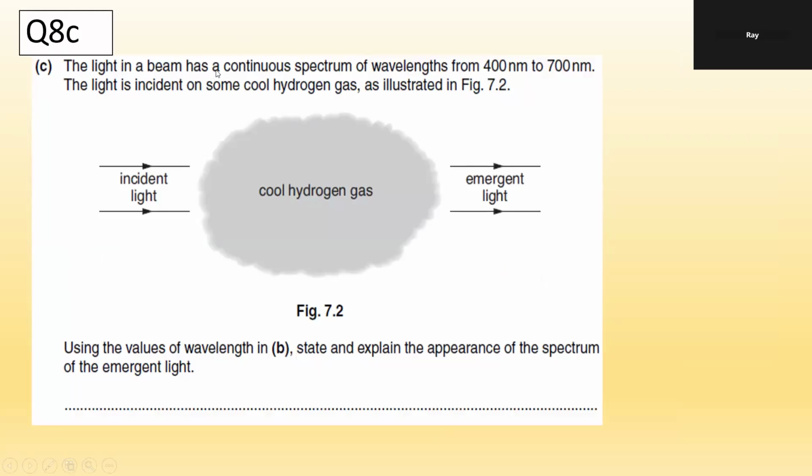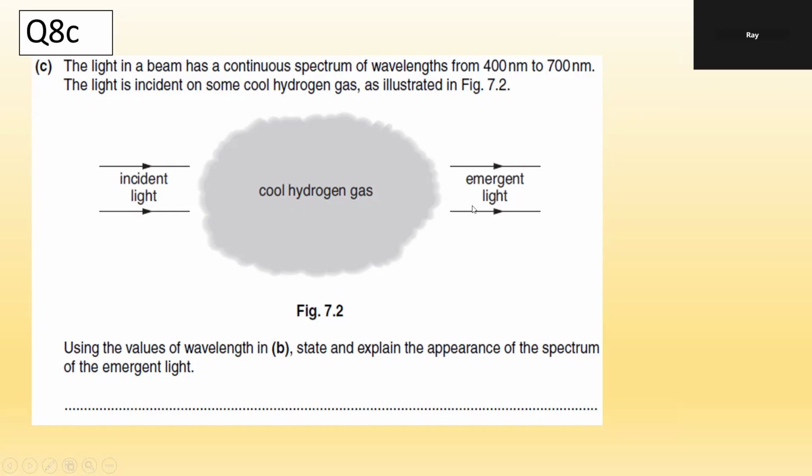Light in a beam has a continuous spectrum of wavelength 400 nanometer to 700 nanometer. The light is incident on some cool hydrogen gas, as shown in the figure. Using the values of wavelength in B, state and explain the appearance of the spectrum of emerging light. You pass a continuous spectrum, 400 to 700 nanometer, through the cool hydrogen gas, and then you look at the emergent light.